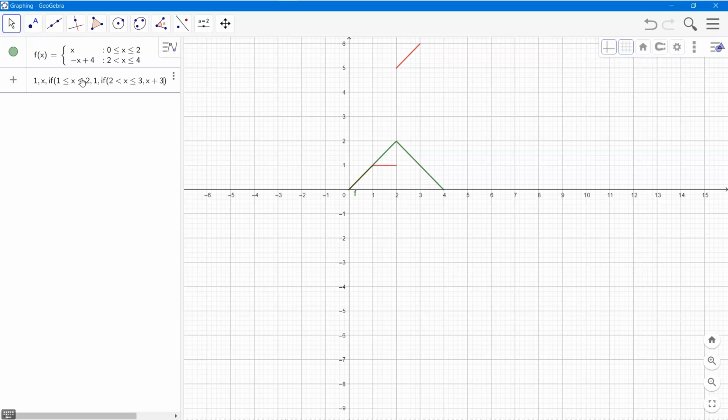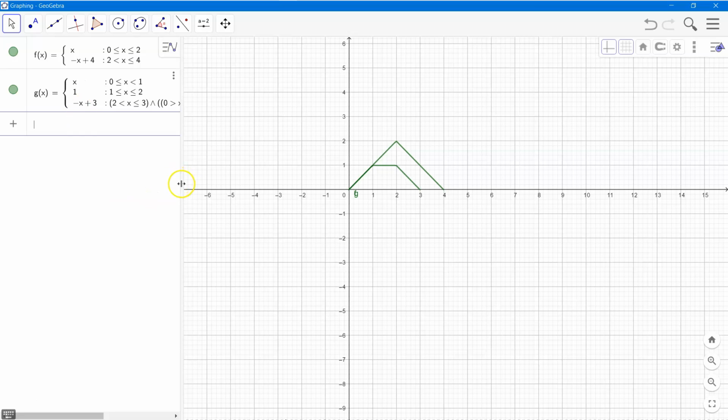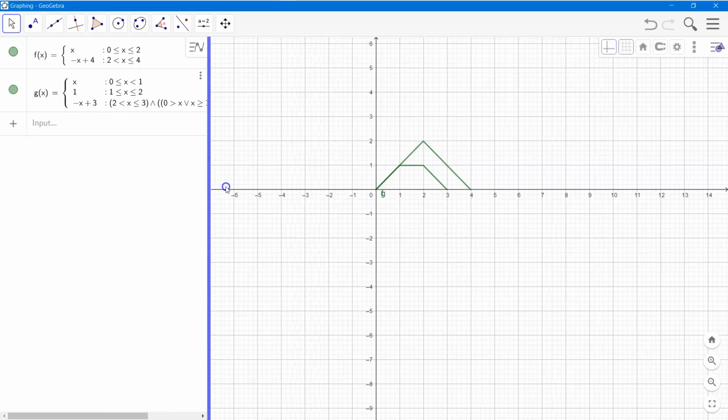Let's see whether it is x minus 3. No, not even that. Minus x plus 3. Right? So this is how it looks.